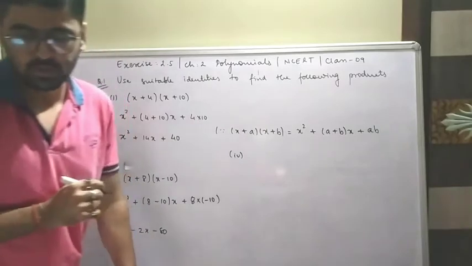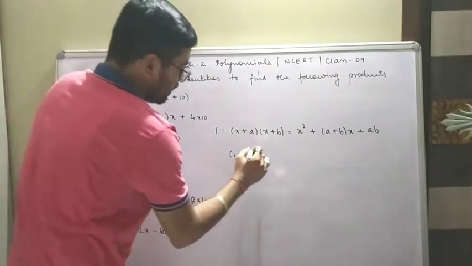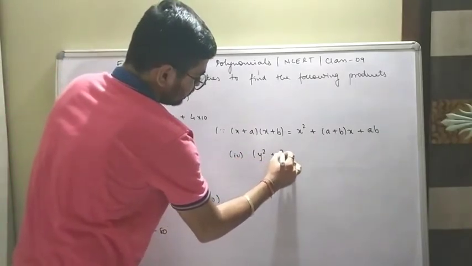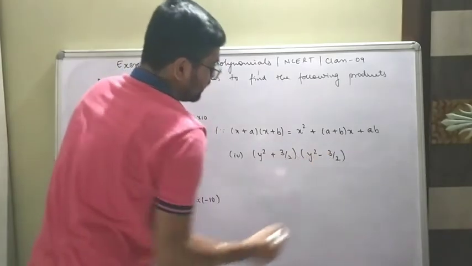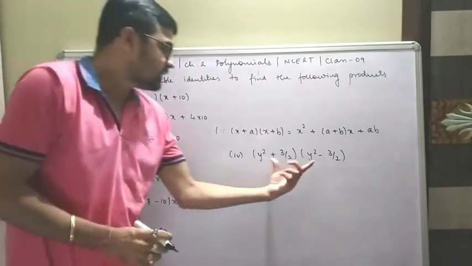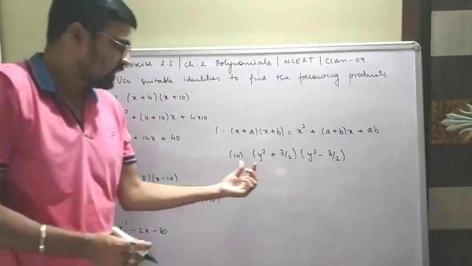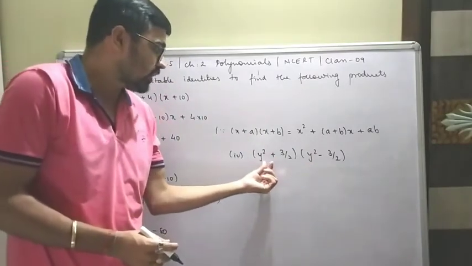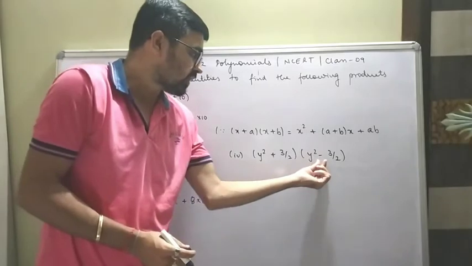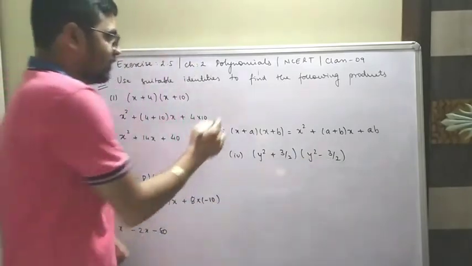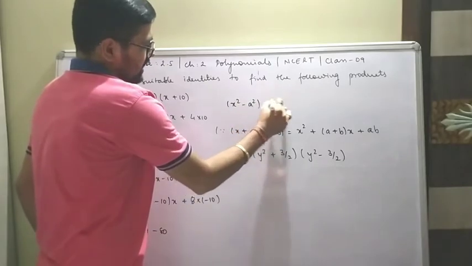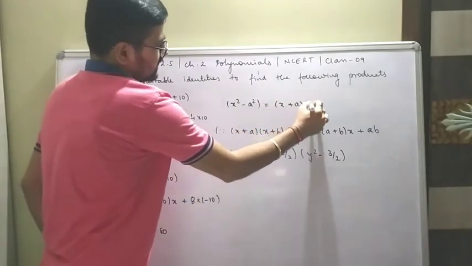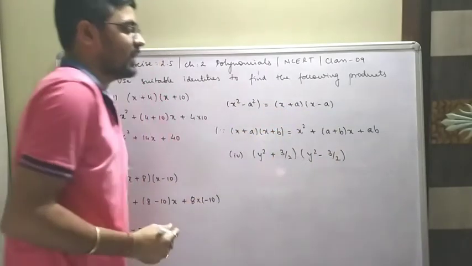That is the fourth one, which is given as (y square plus 3 by 2) and (y square minus 3 by 2). If you look at this, it looks like x square plus a and x square minus a, so I am talking about the identity x square minus a square is equal to (x plus a) into (x minus a).